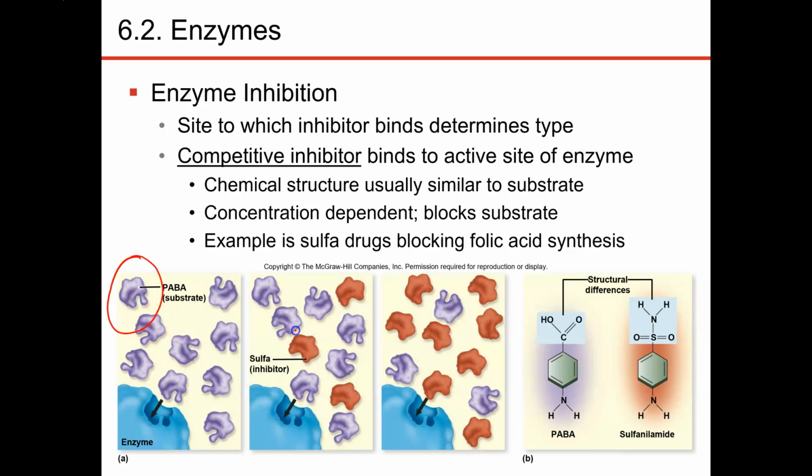Sulfa drugs are similar enough in structure to PABA that they can bind, and when they bind, then PABA no longer can bind. And then the metabolic reaction that uses PABA is not going to be able to occur.